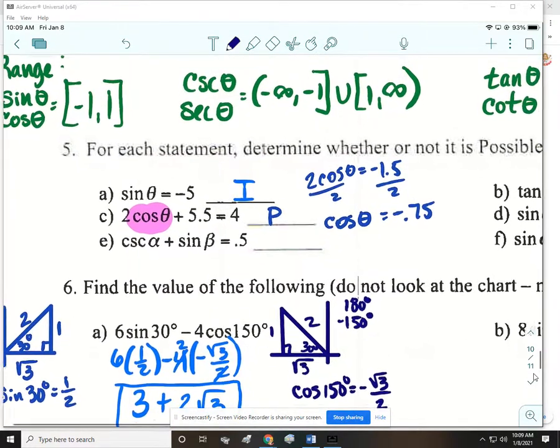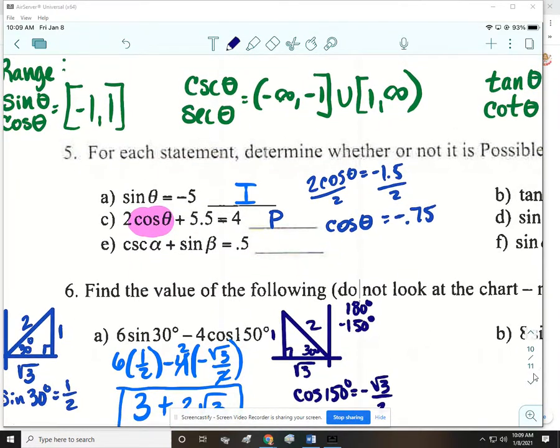All right, and then for E, we want to know, can we do the cosecant of one angle, alpha, and add the sine of another angle, beta, and get 0.5? And so this is a little harder. So what I usually do is I try to pick values that are in the range of the cosecant and the sine and see if I can work them so I can get 0.5.